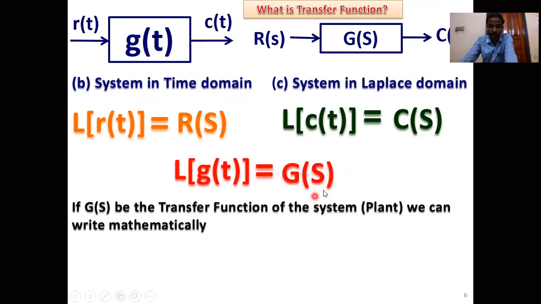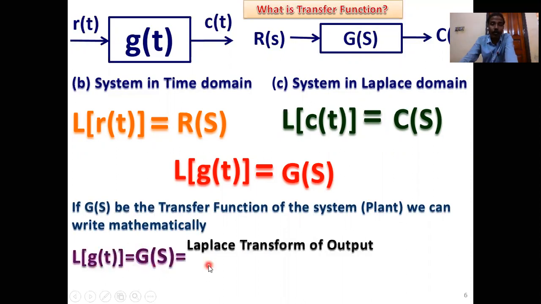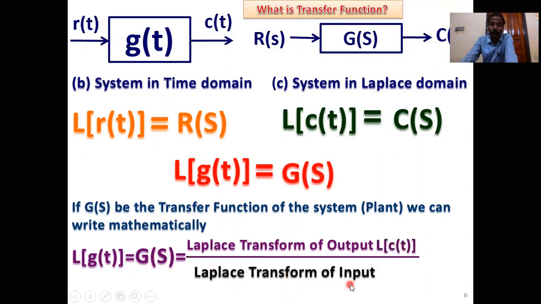If G of s is the transfer function of the system, plant or process, we can write mathematically: Laplace transform of G of t equals G of s, equivalent to the Laplace transform of output C of t divided by the Laplace transform of input R of t, the excitation.